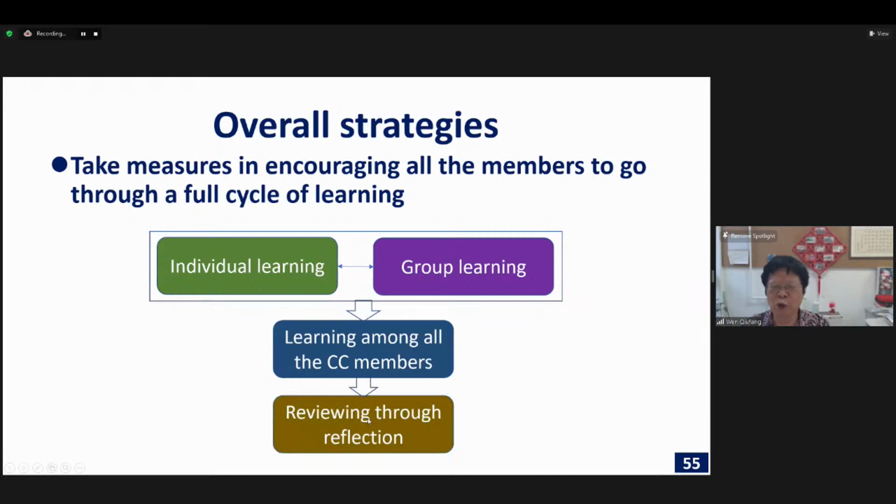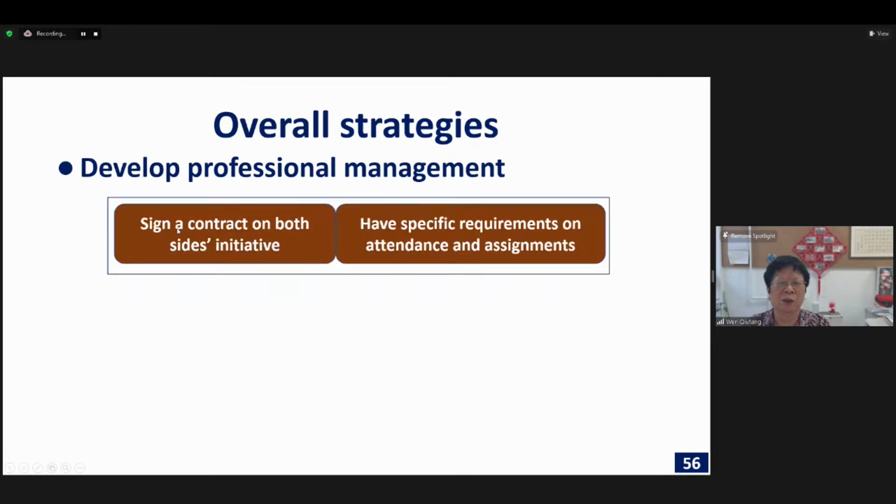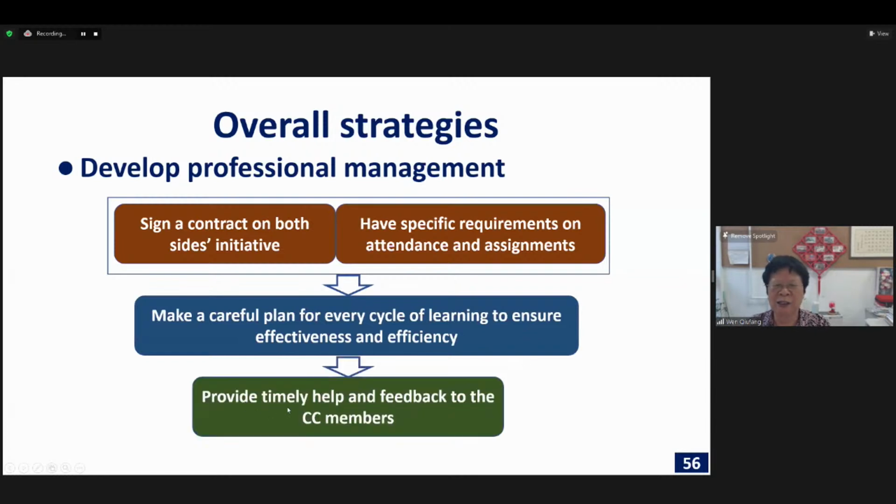Finally, we have reviewing through reflection because we ask them to write reflective journals. The next one is developing professional management. We sign a contract with initiative on both sides, having specific requirements on attendance and assignments, which are specified very clearly at the beginning. We make a careful plan for every cycle of learning to ensure effectiveness and efficiency, and we provide timely help and feedback to the CC members' concerns.